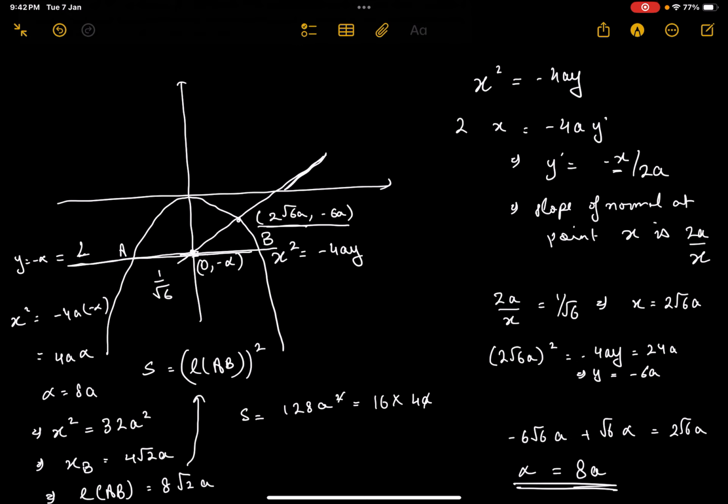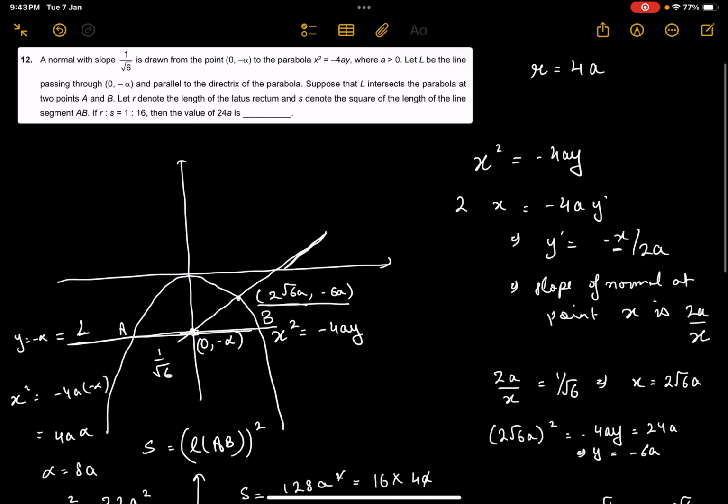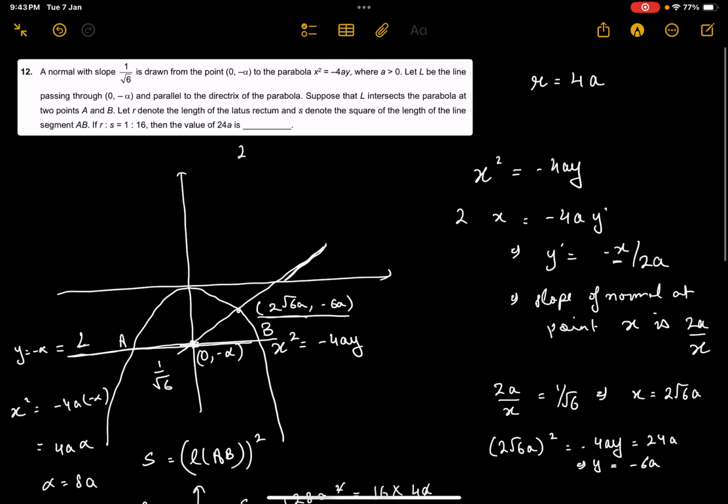A gets cancelled. We get a is equal to 64 upon 128. That is half. Then the value of 24a is 24 times half, which is 12. The answer is 12.